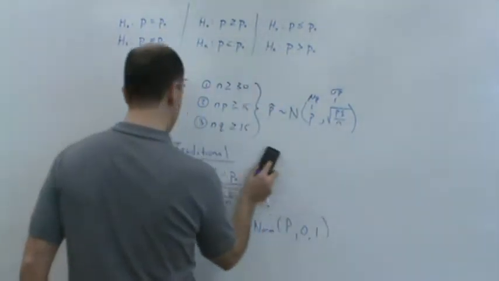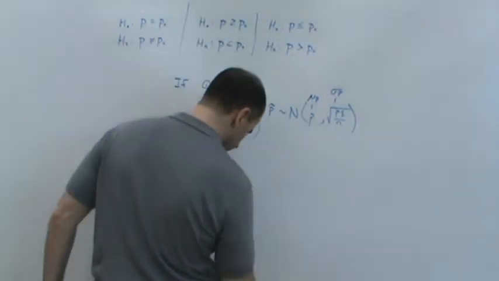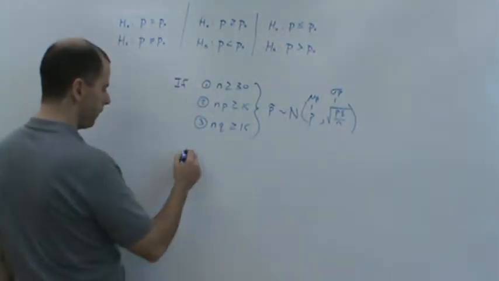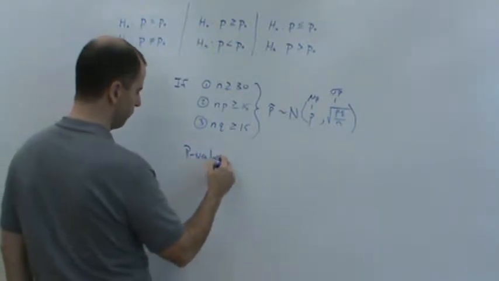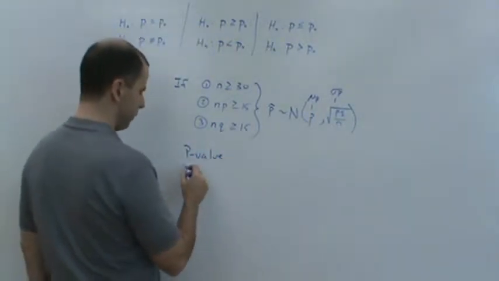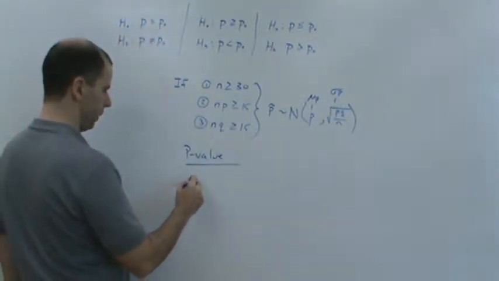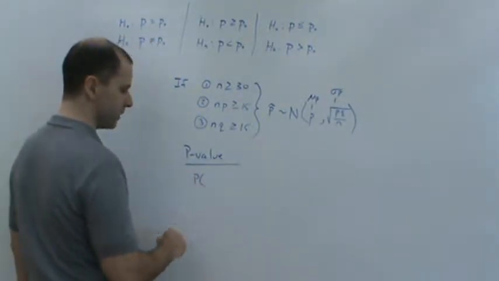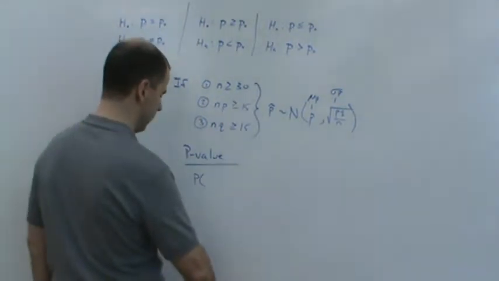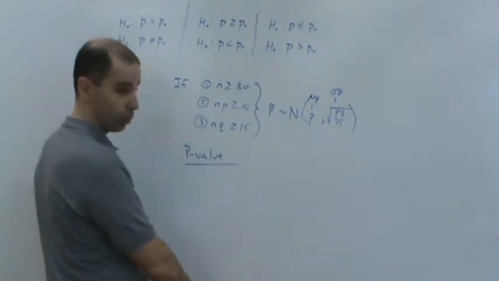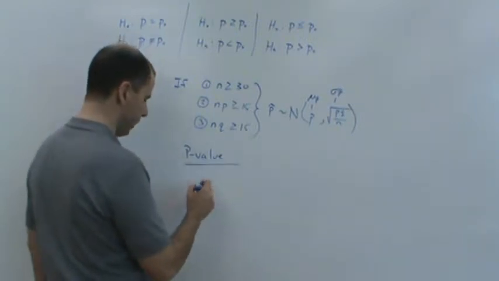Now, the p-value method. With the p-value method for p, we're going to calculate the p-value, right? So again, how we calculate the p-value depends on the test, right? Whether it's a right tail, left tail, or a two-tail test.